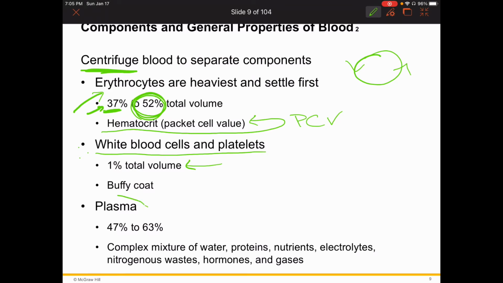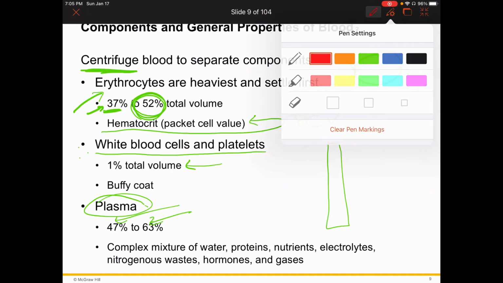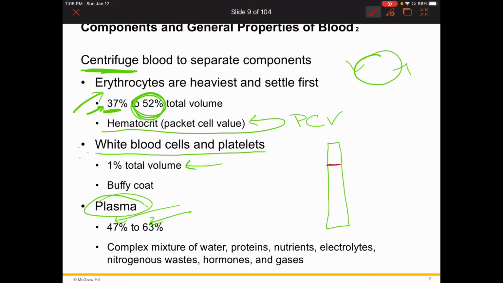And then the last value is the plasma. So you want it to be relatively high, right? You want folks to be hydrated. People that are coming in with lower volumes of plasma. So if they have a hematocrit, and you pull it and you spin it, and you're seeing a really high ratio of red cells to plasma, that could mean a few things.